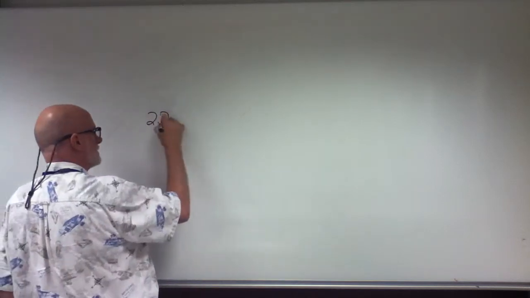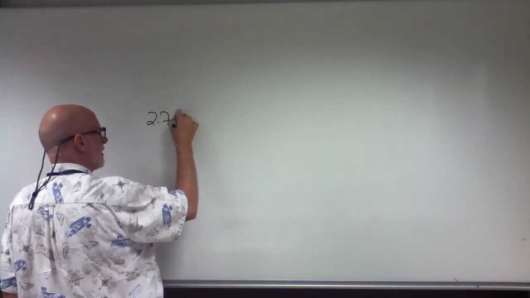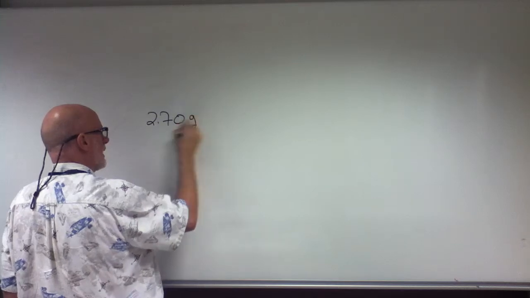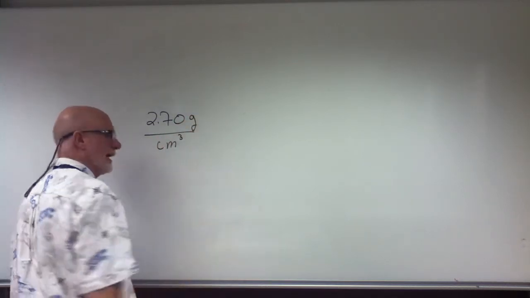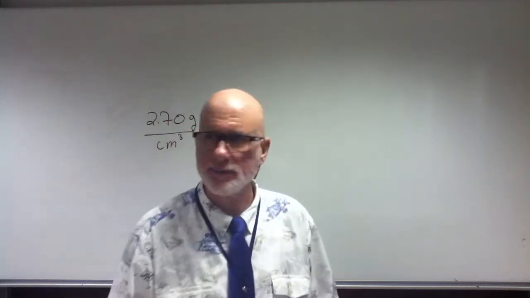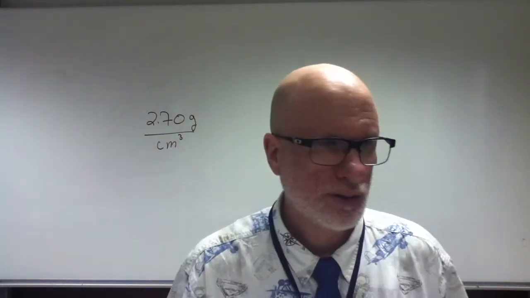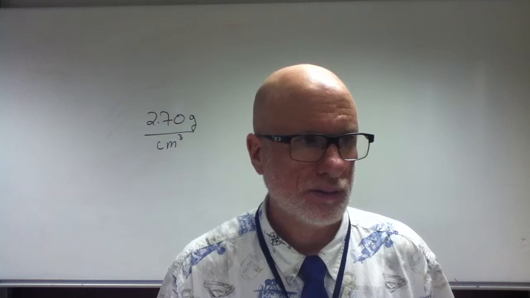So in other words, and you'll see that it's really going to be very simple, let's say the density of aluminum is 2.70 grams per cubic centimeter, right? And I want to convert that to kilograms per cubic meter, okay?